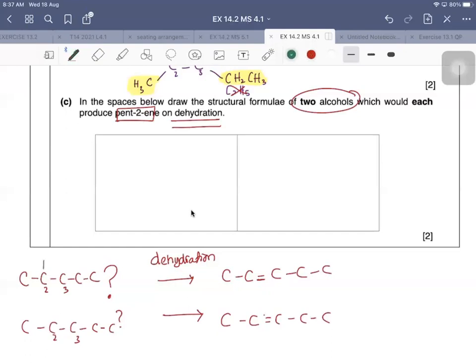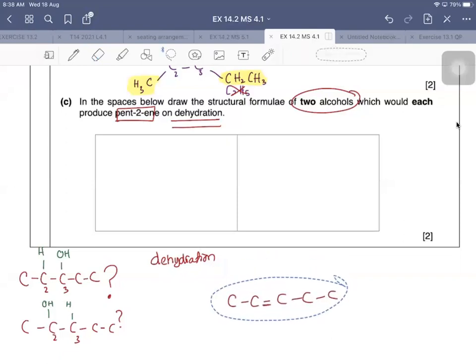So I put hydrogen here, OH here, or the other possible combination is OH on the second carbon and hydrogen on the third carbon. So these are the two alcohols that can result in the same product. I'm just going to erase that because both of them will give the same product anyway.